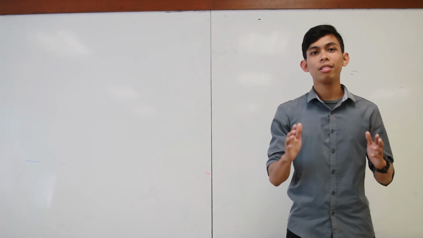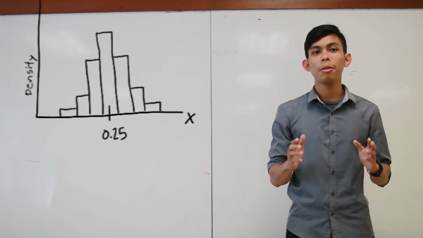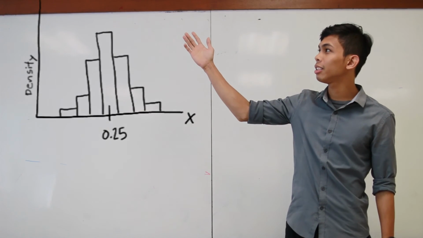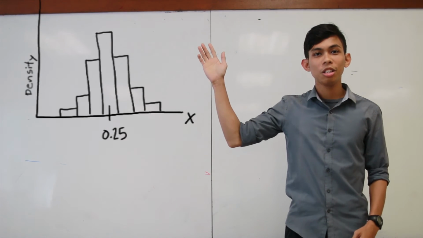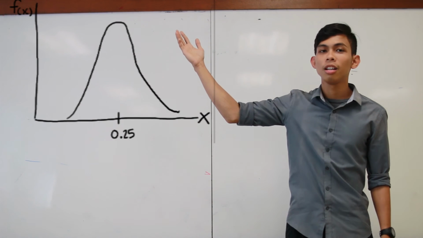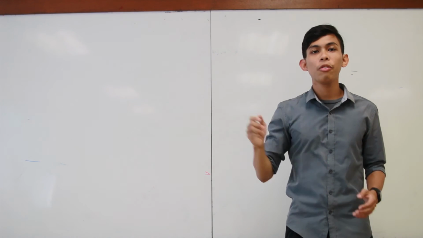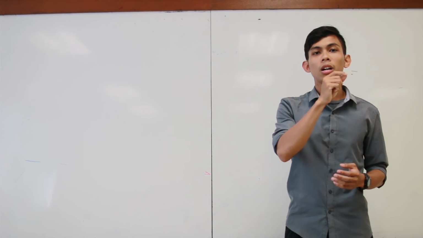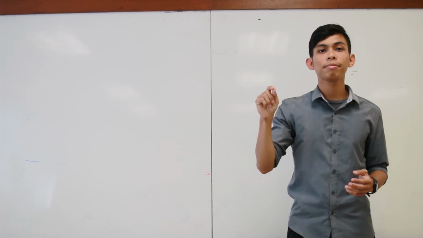From these 10 random samples, we make a histogram like this. From that histogram, we produce the line curve like this. From this curve, we get the equation for the line.